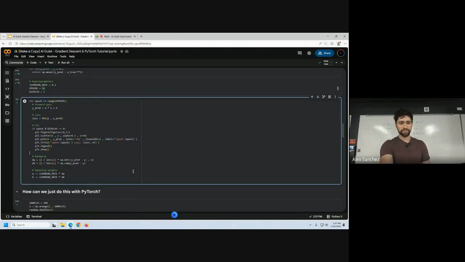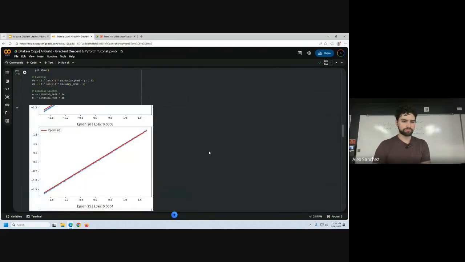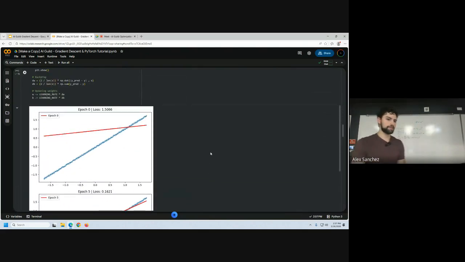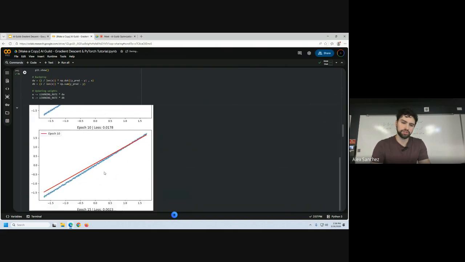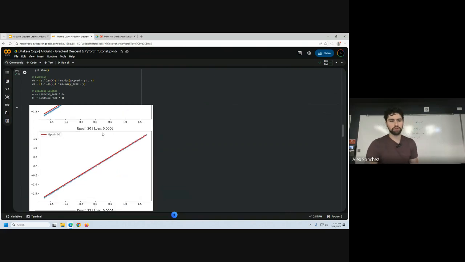Again, this is pretty manual. We're going to see with PyTorch how this works. But if we run these epochs, basically what we talked about before happens. We're given a random line, and our goal is to best fit this. You see that the slope and the bias of the line start changing until we reach a point where our loss function is very, very little.